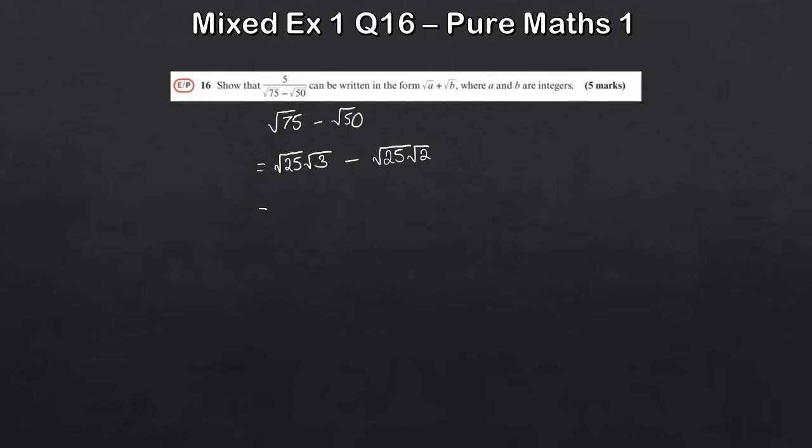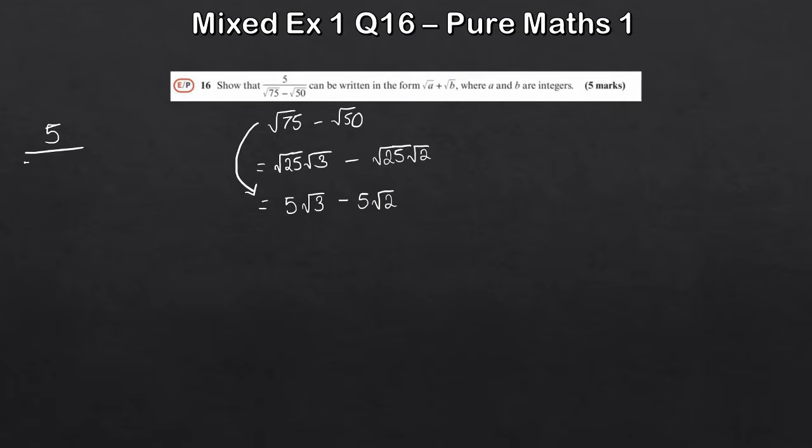Simplify this now, so that'll be 5 root 3 minus 5 root 2. Okay, so that's my denominator. So let's just rewrite our expression that we're starting with. What we had is 5 over root 75 minus root 50, but we know this is the same as this.